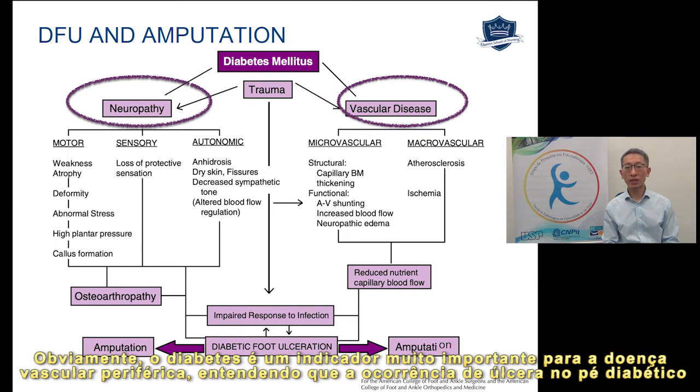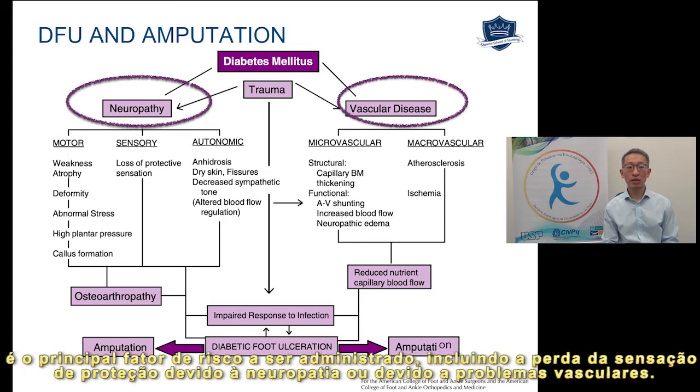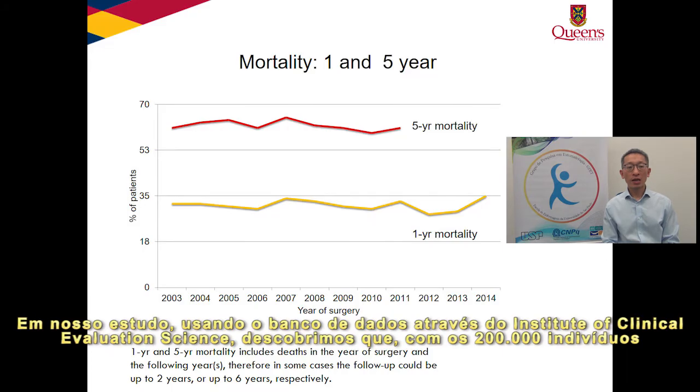Understanding diabetic foot ulcer occurrence, the key risk factors are two major ones, including the loss of protective sensation due to neuropathy, or because of vascular problems.